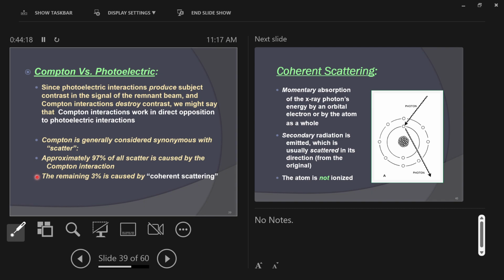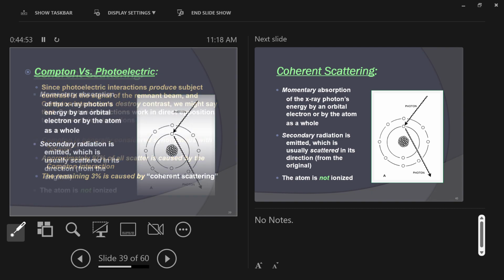Compton interactions require that we interact with the outer shell of an atom and that the incoming photon have much higher energy than the binding energy for the electron in question. And we ionize the atom and we have a scattered photon. We don't care about the scattered electron or the ionized atom for image creation purposes. It matters for the patient. When we get to radiation safety, we're going to care a lot about that. But for image production, we care about the scattered photon.